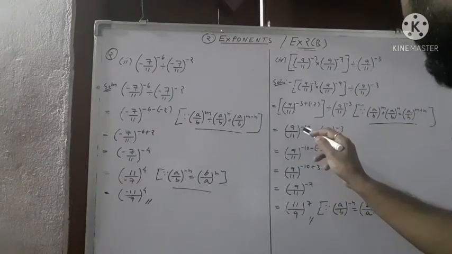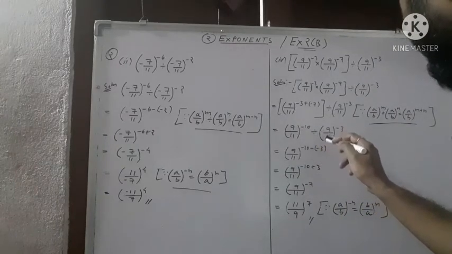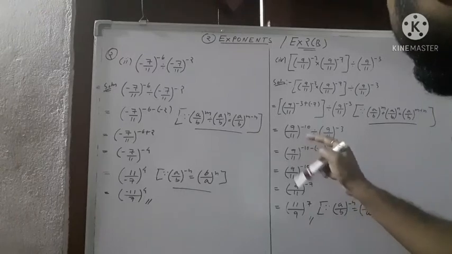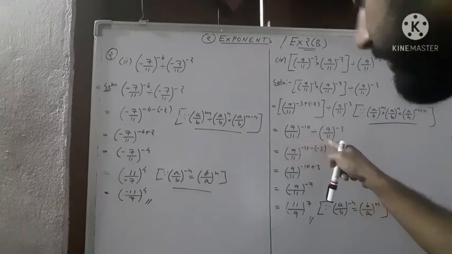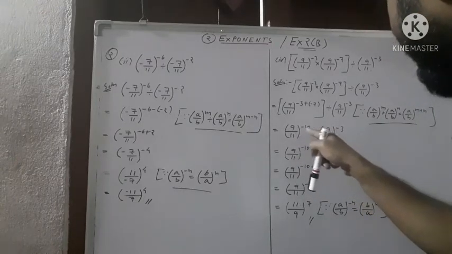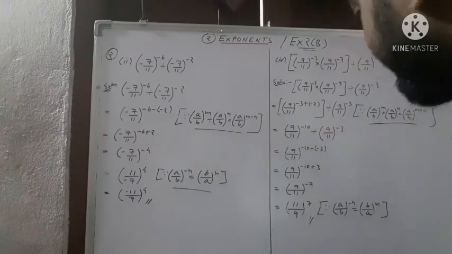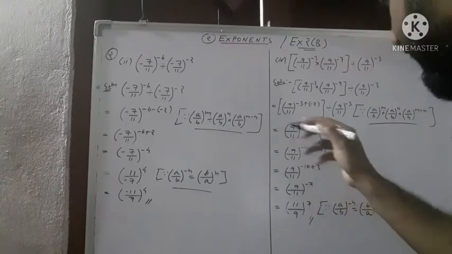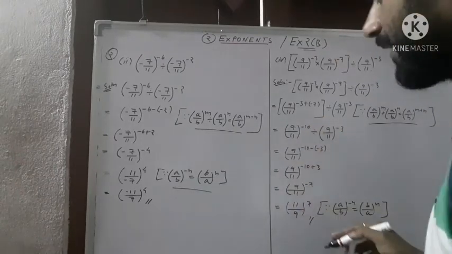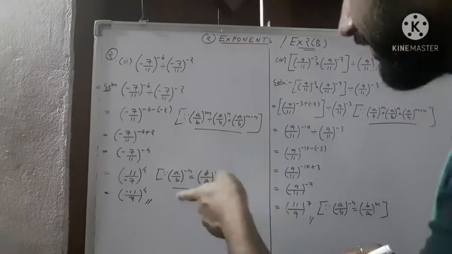When 9 by 11 to the power minus 10 is divided by 9 by 11 to the power minus 3, as we can see, the base is the same, that is 9 by 11, and the powers are different, minus 10 and minus 3, and it is divided. That means you have to subtract the powers.